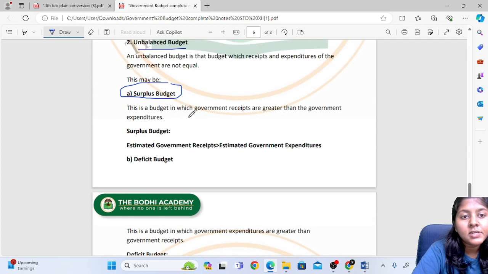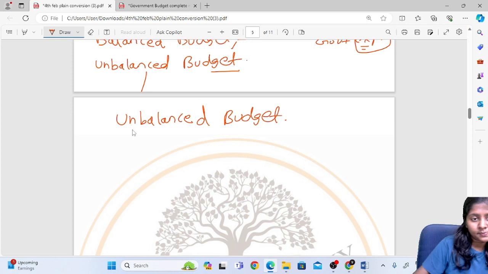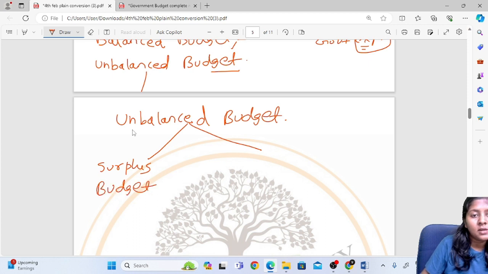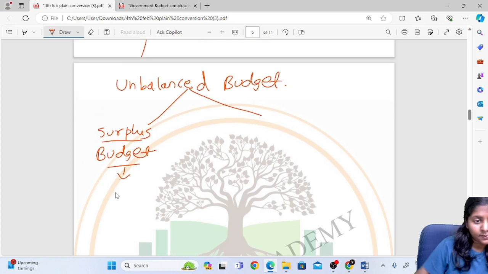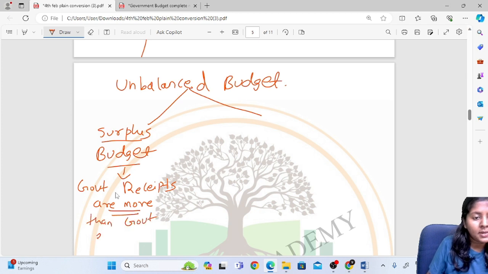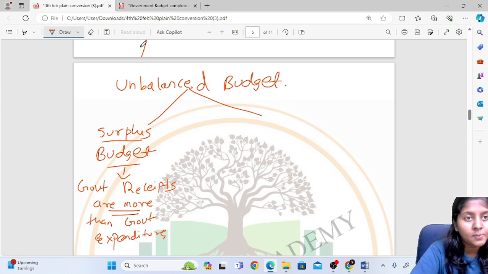A surplus budget is that budget wherein government receipts are more than government expenditure. It is called a surplus budget.